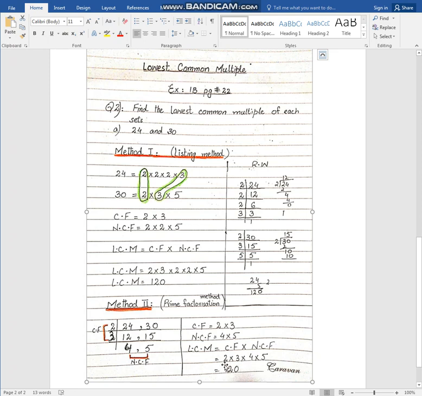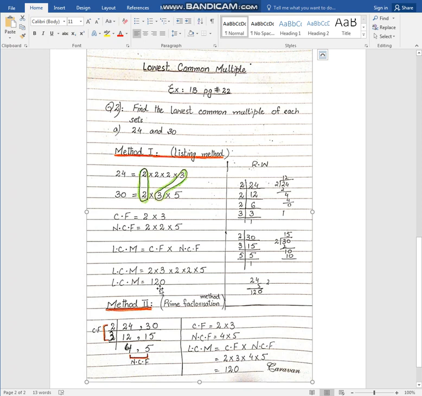And the multiplication is like this: 2 3s are 6, 6 4s are 24. Then when we multiply 24 by 5, we will just get the answer, that is 120, which is the same as we found the LCM in the listing method.